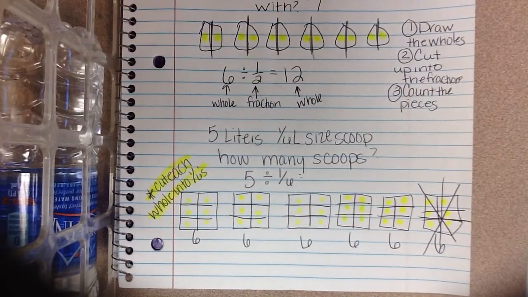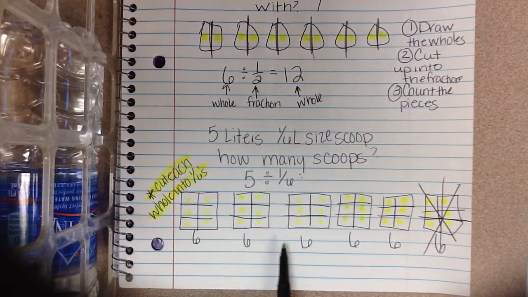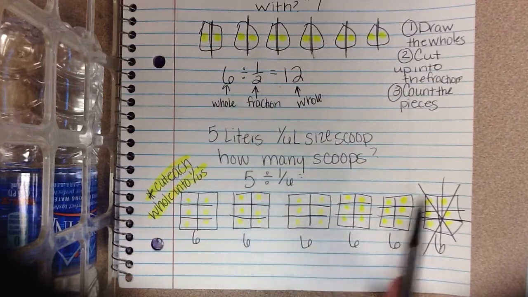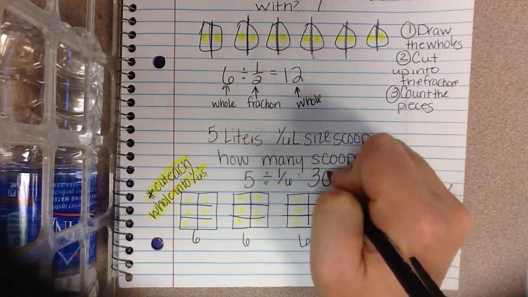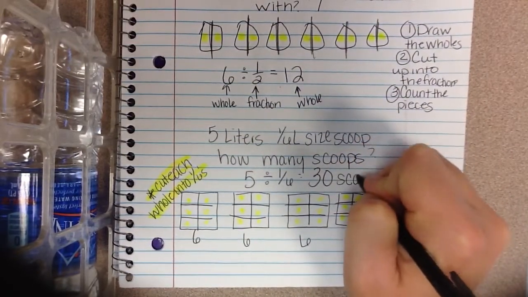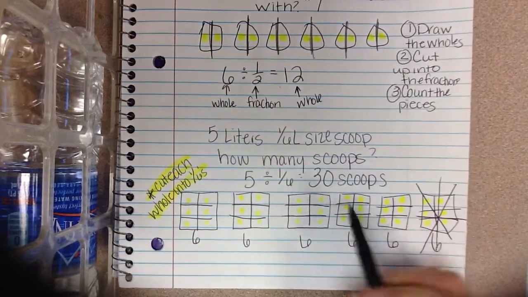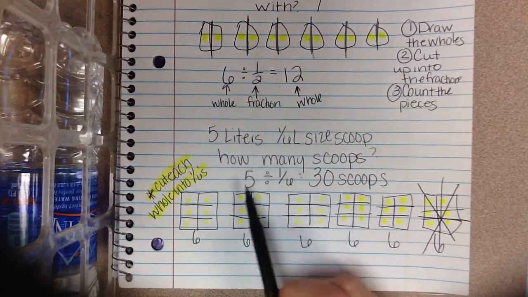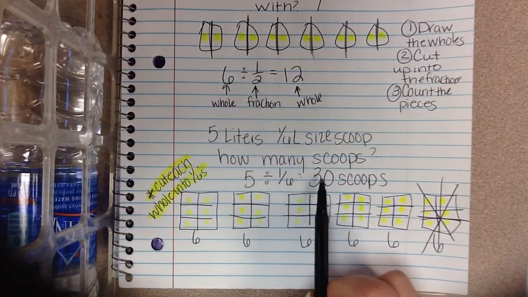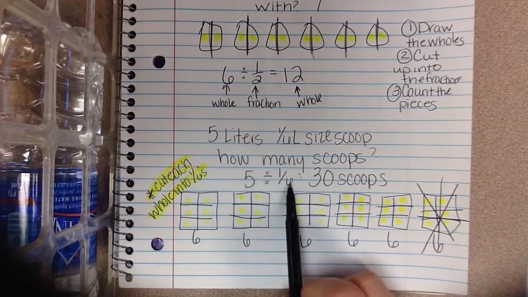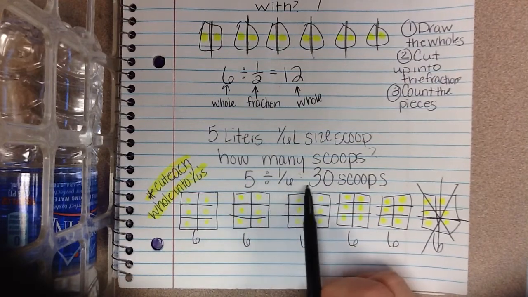It just took me a little while to figure it out. 6, 12, 18, 24, 30. 6 times 5 is 30. So it will take me 30 scoops. Can you figure out the pattern? Whole divided by fraction gives me whole. I wonder where this number came from.